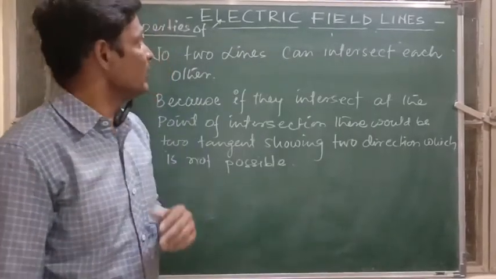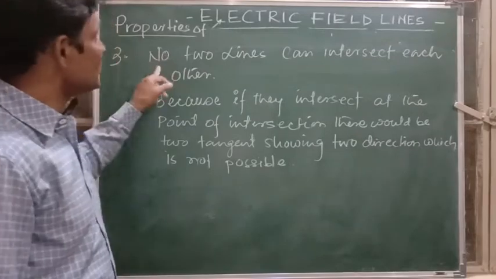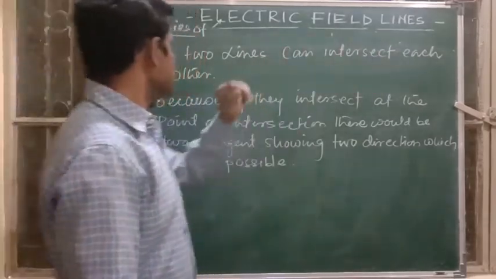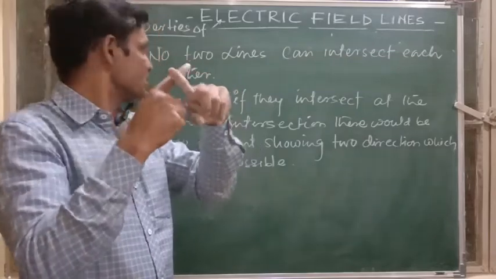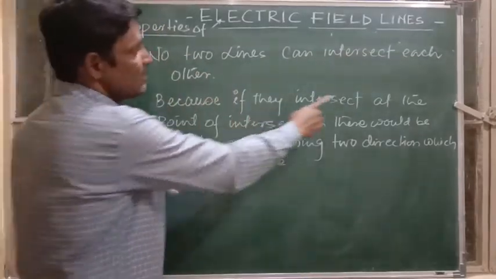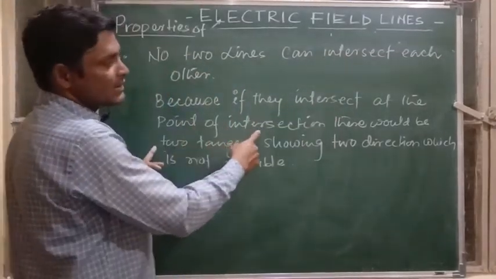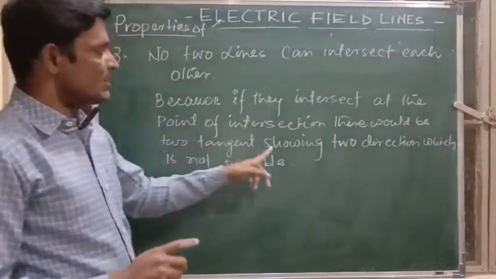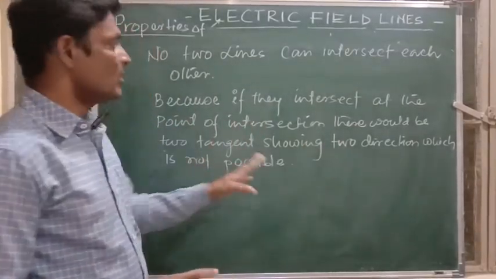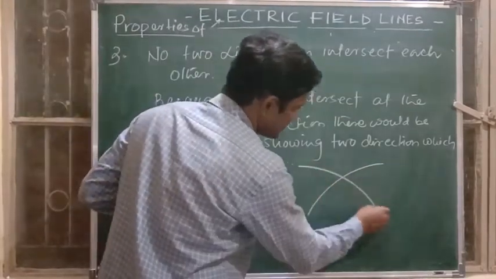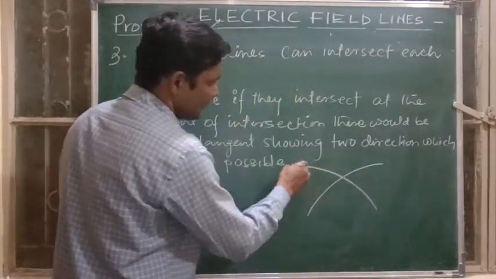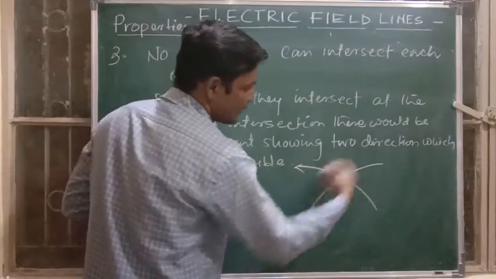The third property of electric field lines is that no two lines can intersect each other. That means two lines cannot cross over each other, because if they intersect, at the point of intersection there will be two tangents showing two directions, which is not possible. Suppose that here are two lines intersecting each other, one line from one source of charges and another line.